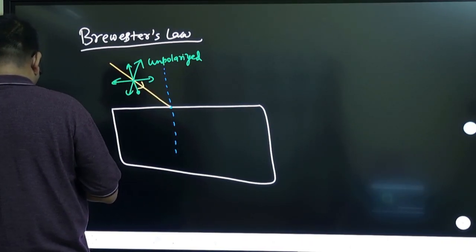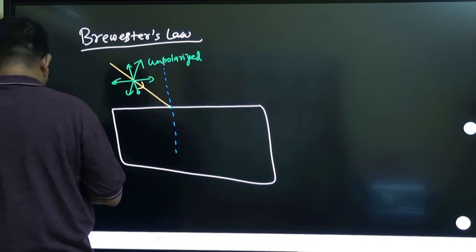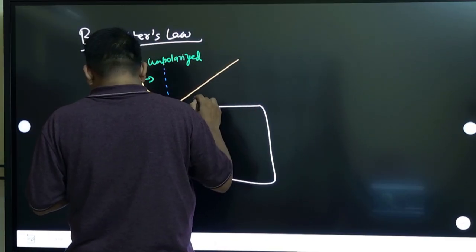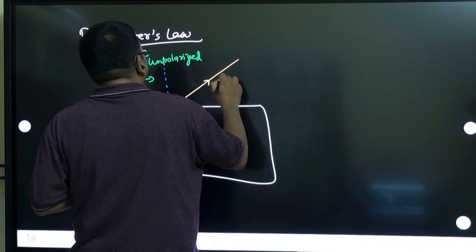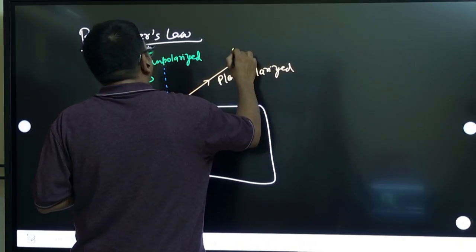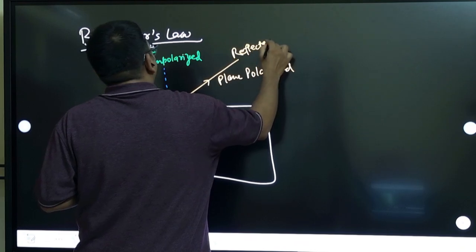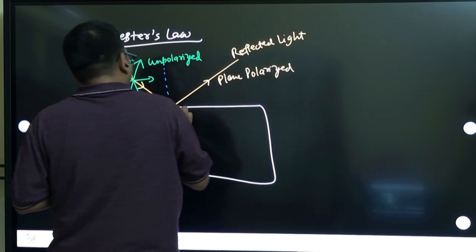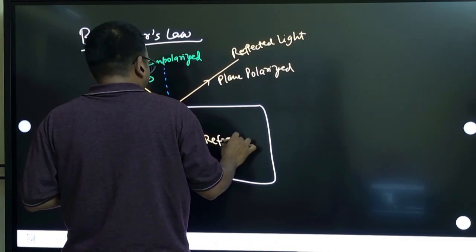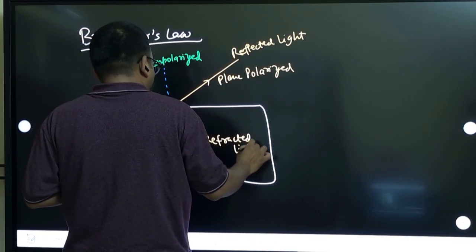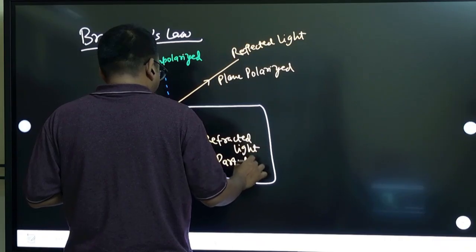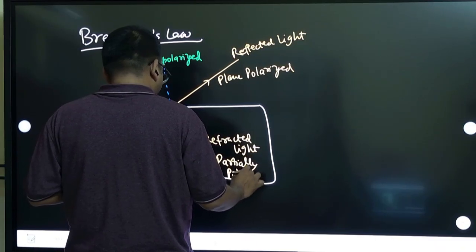So how will polarization happen in this case? The reflected light comes here. This reflected light is completely plane polarized, and this refracted light is partially polarized.